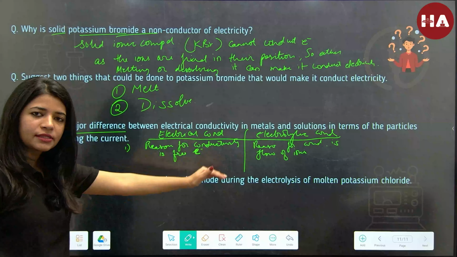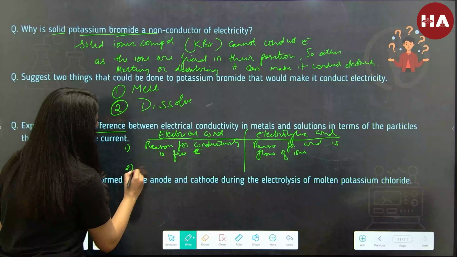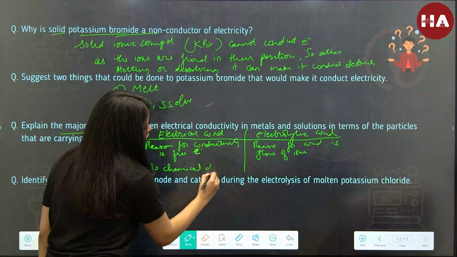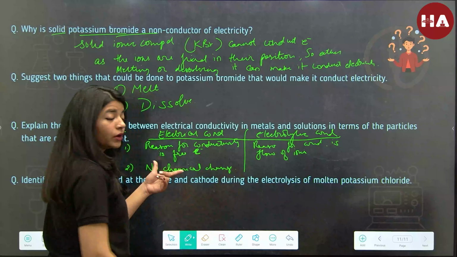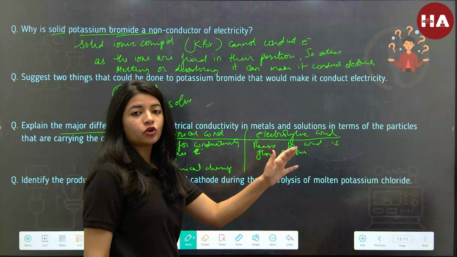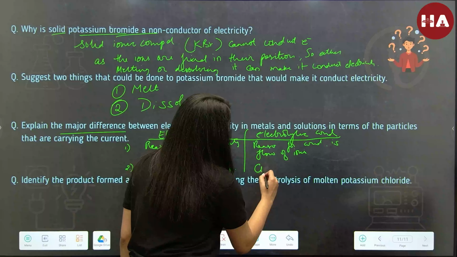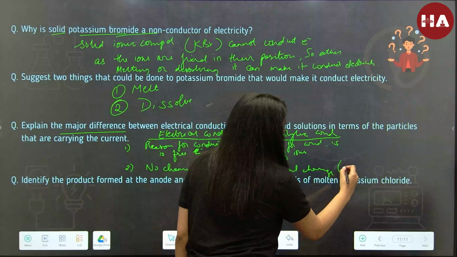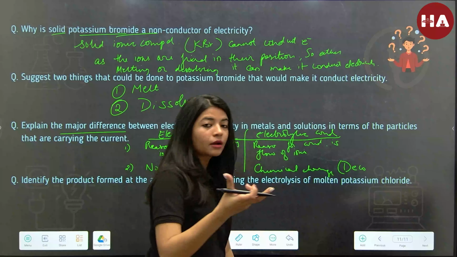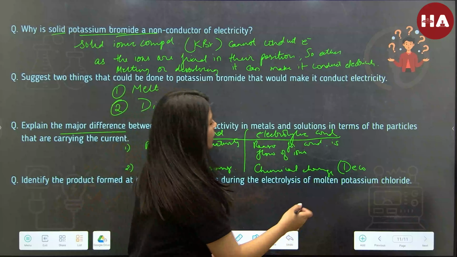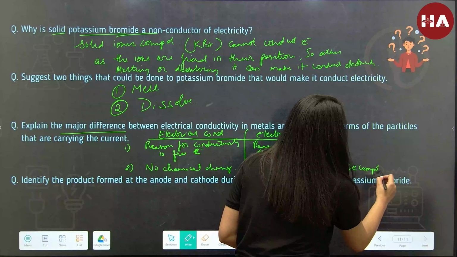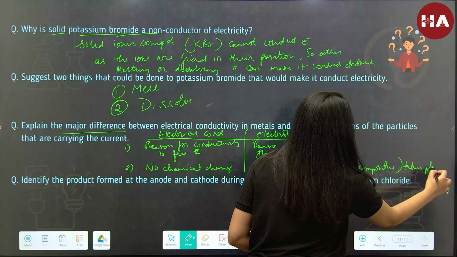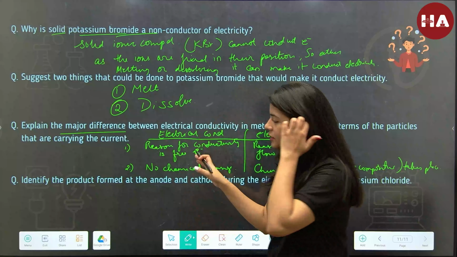First difference point is this. Second difference point is no chemical change takes place during conductivity. And in case of electrolytic conduction, what happens? Chemical change, in bracket I can write decomposition, because the ionic compound decomposes. Decomposition takes place. Okay, this is the next key difference point over here.